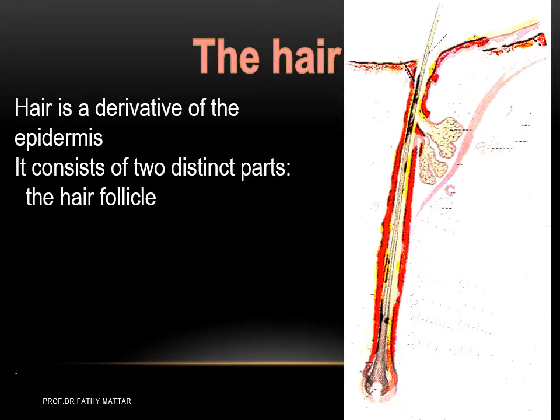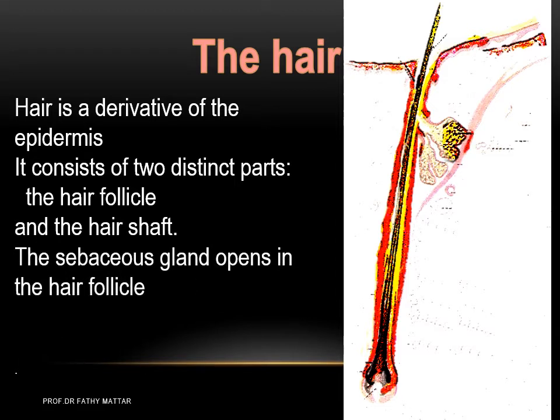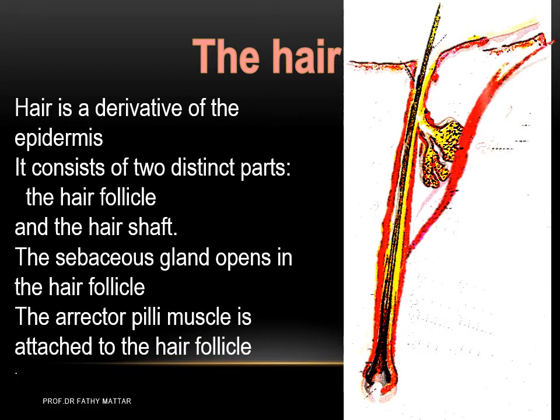The hair follicle, which is formed of stratified squamous epithelium, and the hair shaft, which is formed of cornified keratinocytes that form the shaft. The sebaceous gland opens in the hair follicle, and the erector pili muscle is attached to the hair follicle.